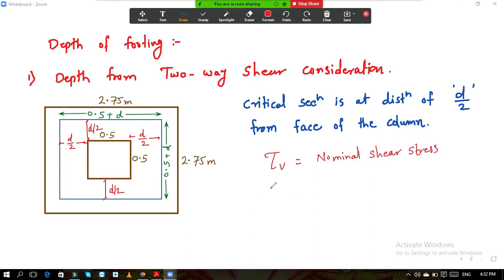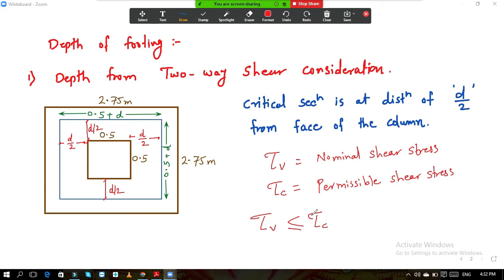And tau c. What is tau c? Tau c is the permissible shear stress. You have already studied this. Your tau v must always be less than or equal to tau c.